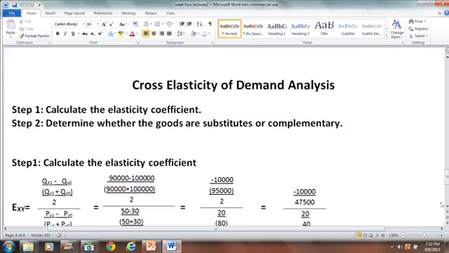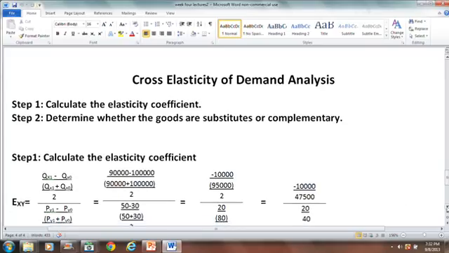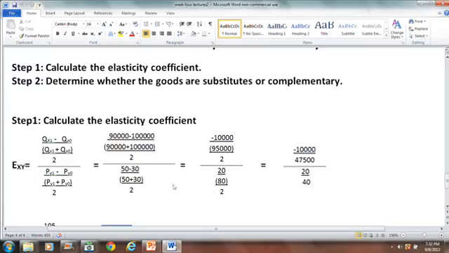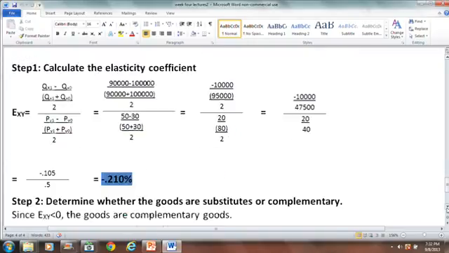So again, I take the cross elasticity formula, where I have the quantity demanded for good X data in the numerator and the price data for good Y in the denominator. Then I substitute the values as indicated previously and dissolve it down to get a result. In this case, for the cross elasticity calculation, I got a negative 0.210.